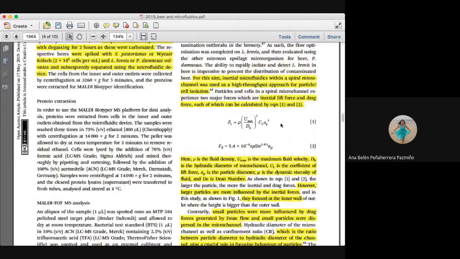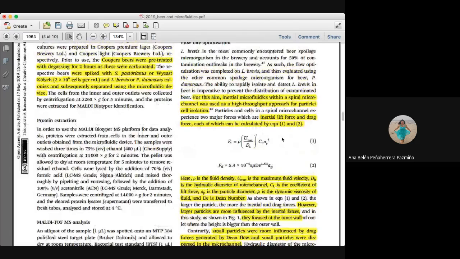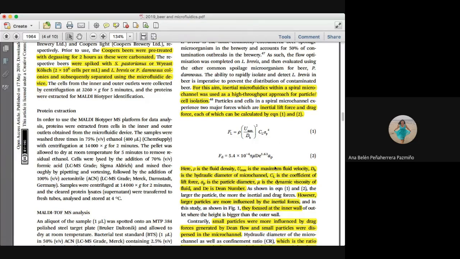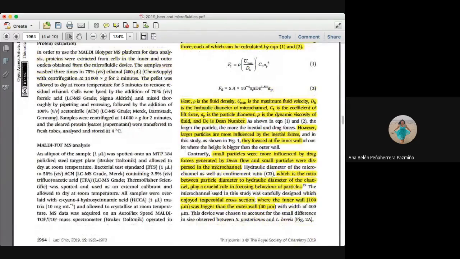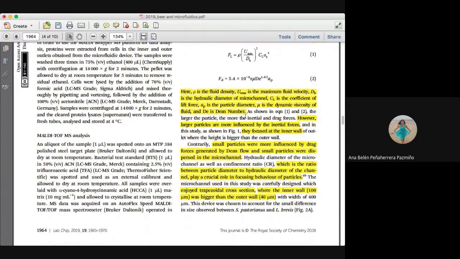Because these particles have different sizes, the inertial lift force is going to influence the bigger particles, the yeast, while the drag force, which you can calculate with equation number 2, is going to influence the location of the smaller particles, the bacteria. And as you can see here, in the drag force, the D number is considered.